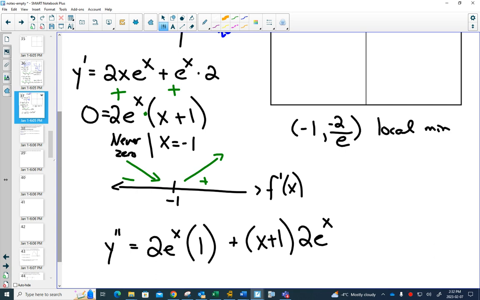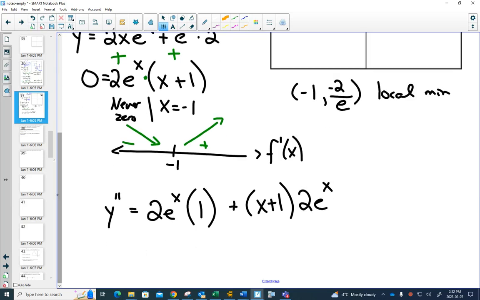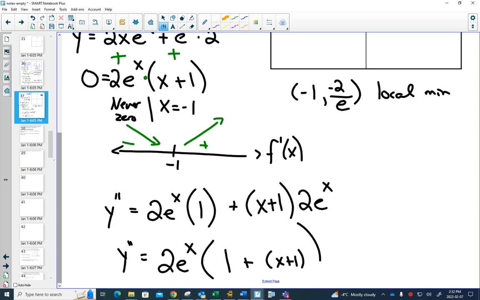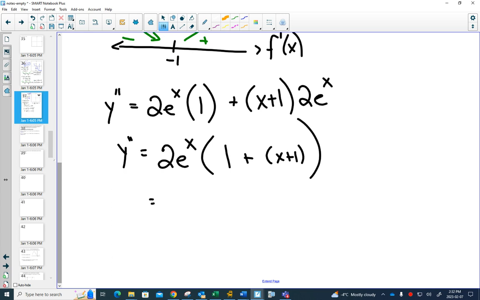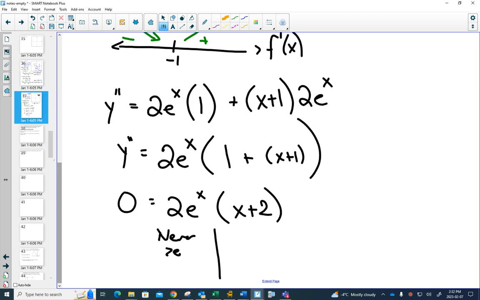And just like previous ones, I can factor out a common factor of 2e to the x, leaving me with 1 plus x plus 1, which I set equal to 0. Then again, this is never 0. This is always positive.